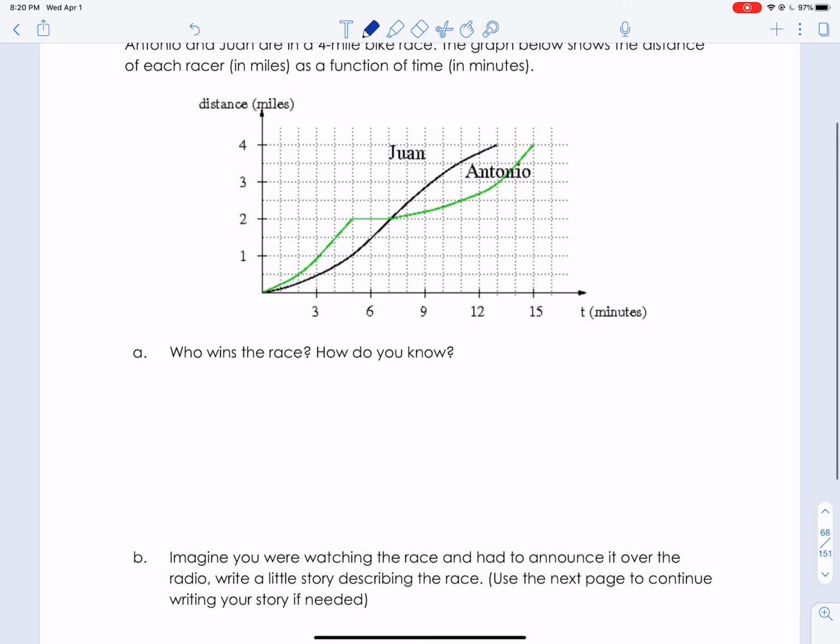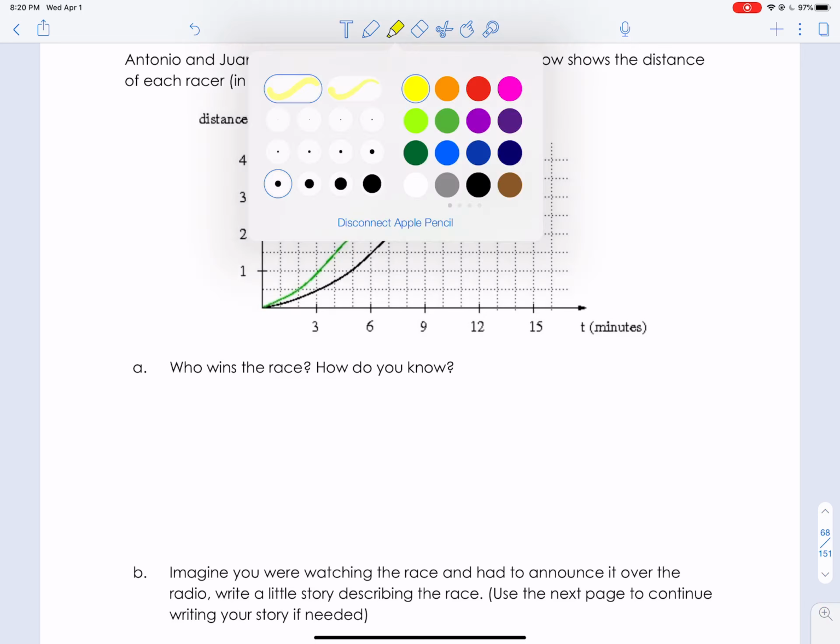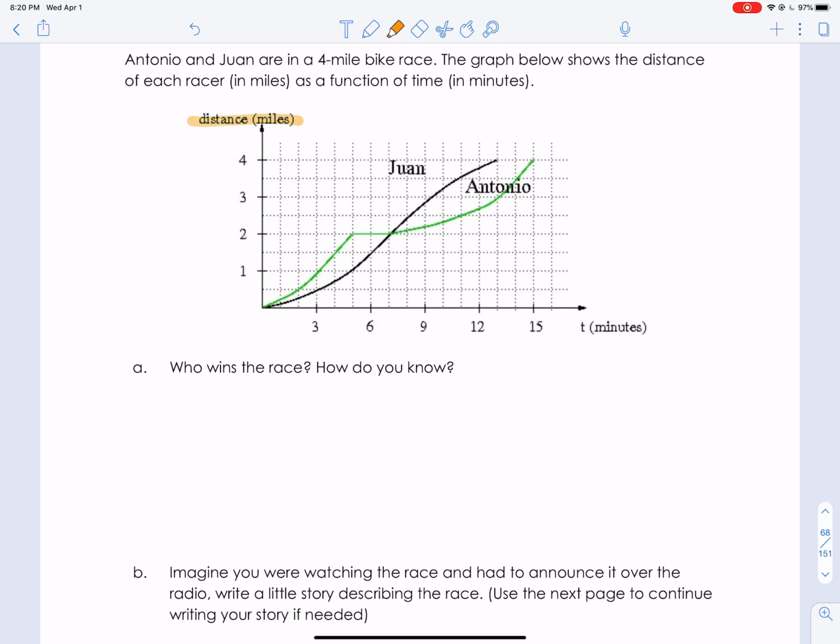So again, non-linear, right? It's not straight lines. So this is a lot like our qualitative graphs that we've done. And just noticing a few things, we have the distance in miles and the minutes here. So it said the bike race is 4 miles. Okay, so let's think about that.